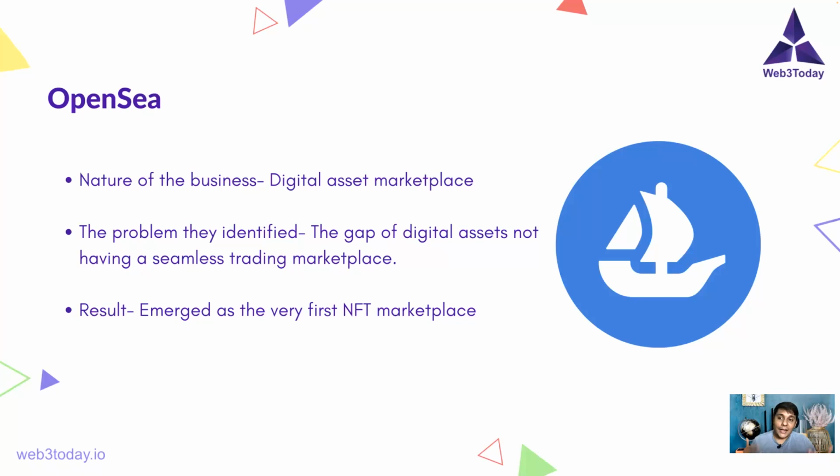And another very amazing example is OpenSea. OpenSea is a digital asset marketplace or an NFT marketplace, right? They identified a problem that these digital assets are not seamlessly traded, meaning your artworks and all your real world assets or your tokenized assets are not seamlessly tradable, right?